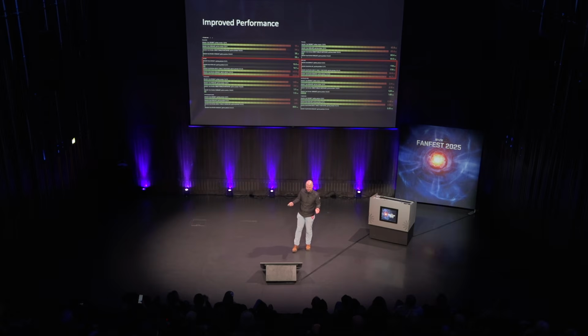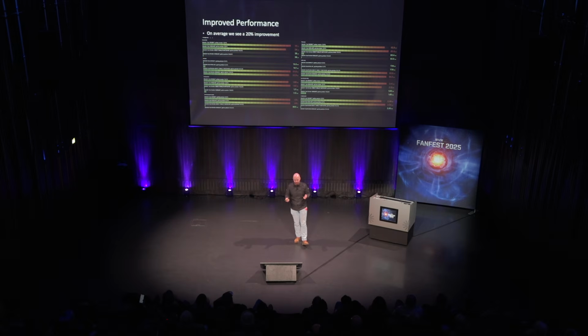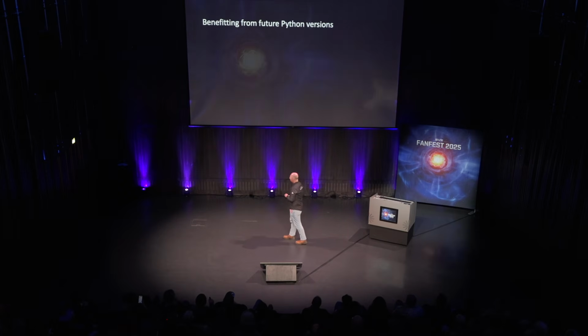So in practice, while there is a perceived regression on this one micro benchmark, overall, the performance increased by about 20% on average, which is a really big gain. One more big benefit of the update is that we clearly now can upgrade to newer versions of Python 3, which means we will be benefiting from bug fixes that are being pushed out, right?